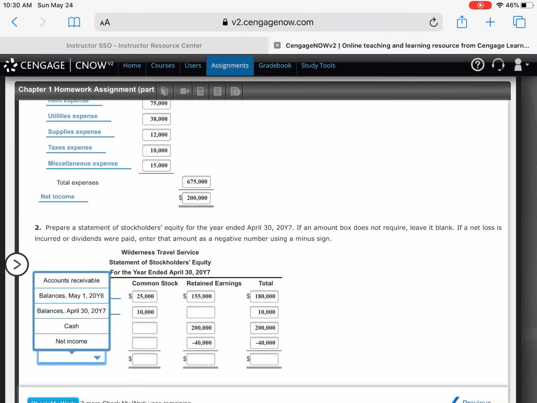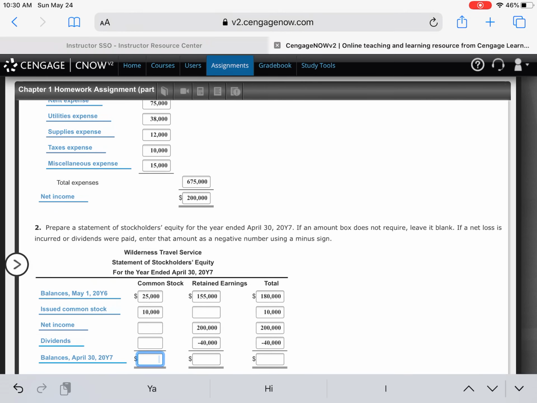So we have to do that minus $40,000. So that's going to help us get to our ending values in our columns here for common stock, retained earnings, and in total. So for our common stock, we started the year with $25,000. We added another $10,000, so we have $35,000 in total. For retained earnings, we started with $155,000.